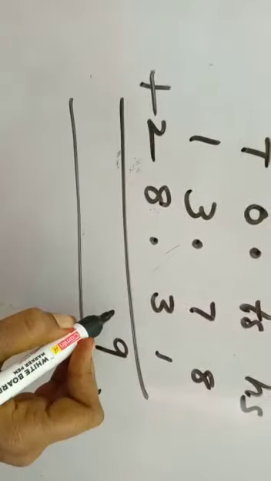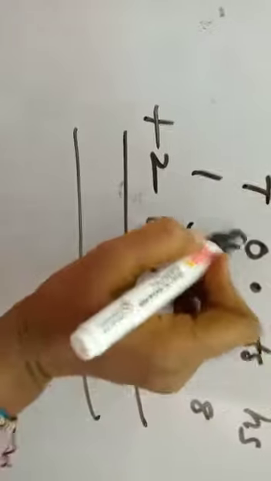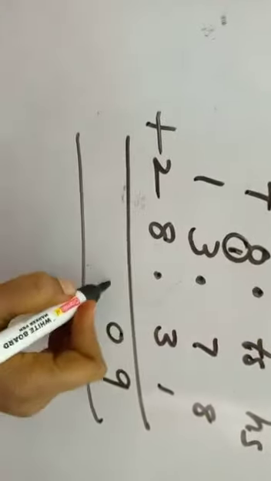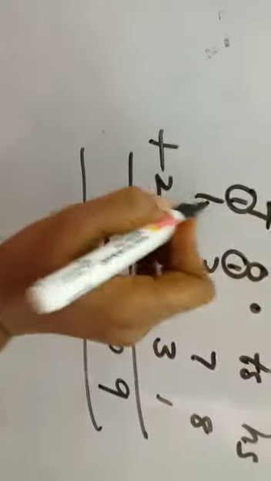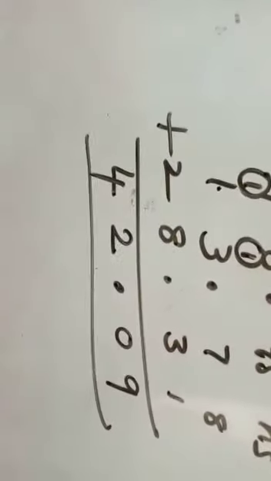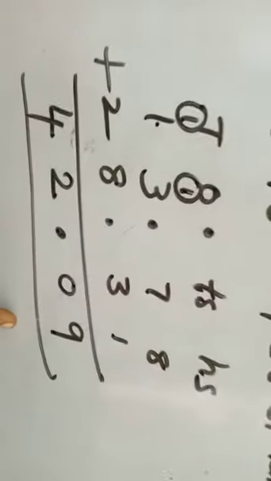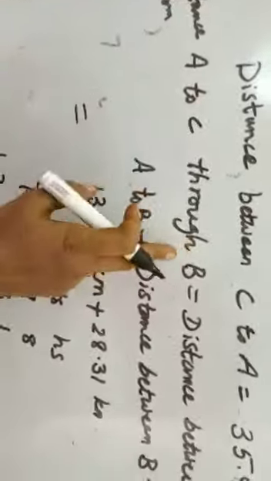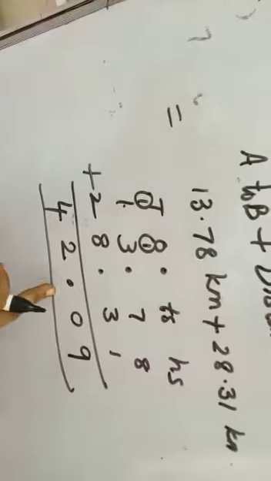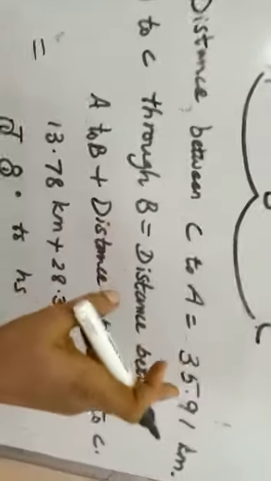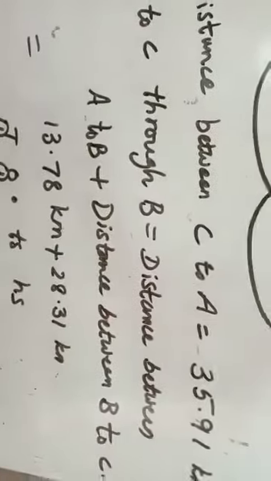You will get 8 plus 1 is 9, 7 plus 3 is 10, 1 plus 3 is 4, 4 plus 8 is 12. Put the decimal point, 2 here, 1 carry, 1 plus 1 is 2, 2 plus 2 is 4. So 42.09. So if he travelled from A to C through B, he has to go 42.09 kilometers. But he went directly, there it is 35.91 kilometers.